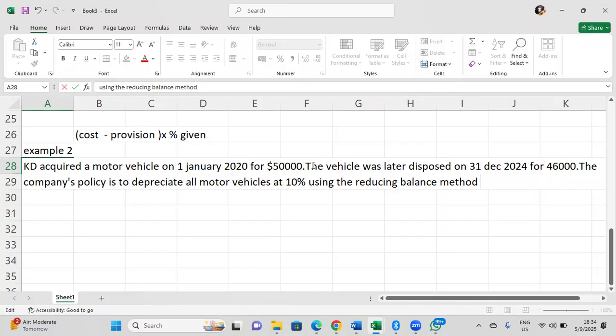Then the question says, calculate the depreciation of the asset from the day it was bought up to the day it was sold.